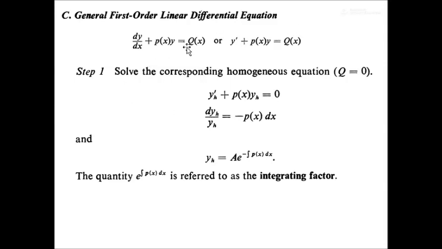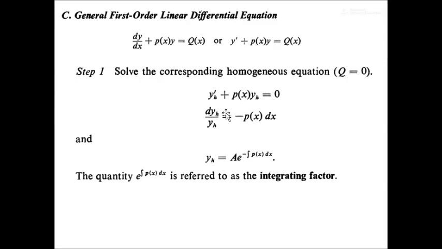If the equation is homogeneous, then this q(x) must be equal to 0. And if the equation is homogeneous, then you can assume that yh may be a trial solution of this differential equation. As yh is a trial solution, this trial solution must satisfy this differential equation. So I can write yh prime plus p(x) yh equal to 0.